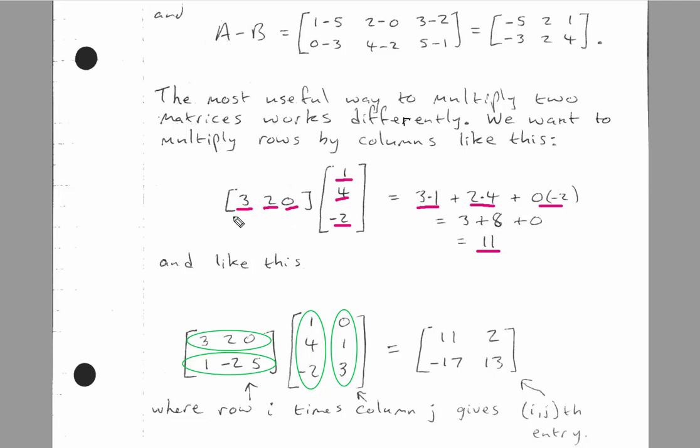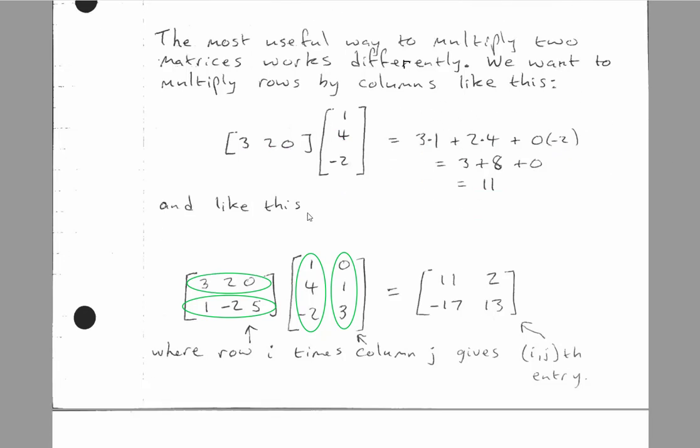In other words, here they're both of length 3, so this wouldn't work if this column had an extra number here. Alright, so that's multiplying a row by a column.